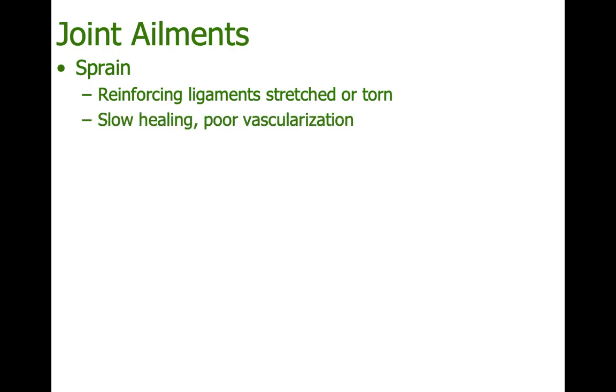Sprains, if you've ever had one, you know that they are very slow in healing. Oftentimes you hear, oh, gosh, that's a really bad sprain. You would have been better off if you broke it. That's because the reinforcing ligaments are poorly vascularized. There's not a lot of blood supply to them. And you think, well, so what? Big deal.